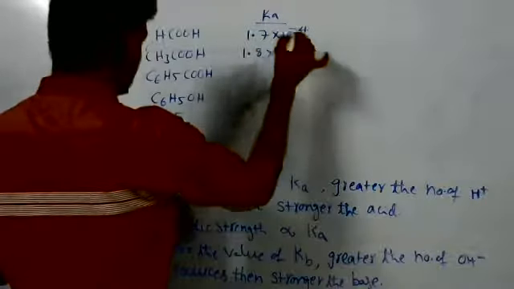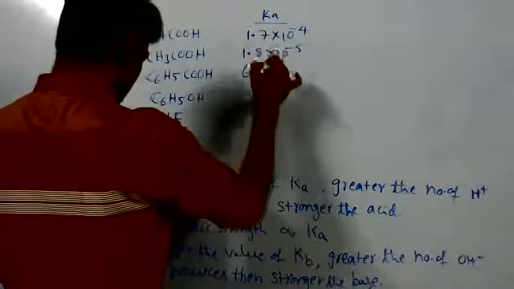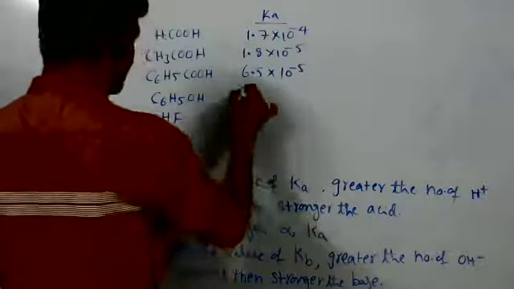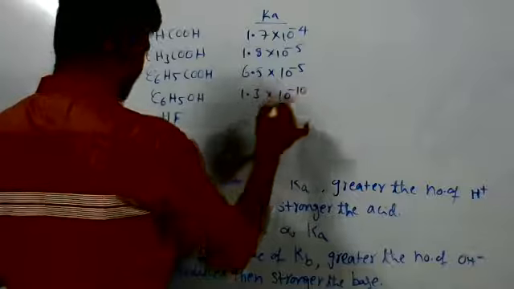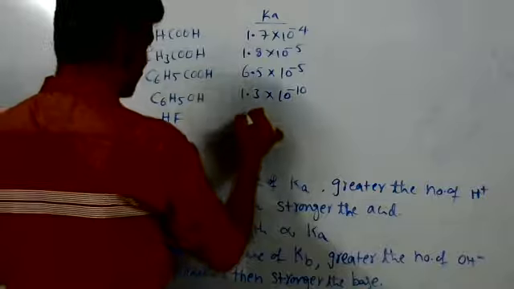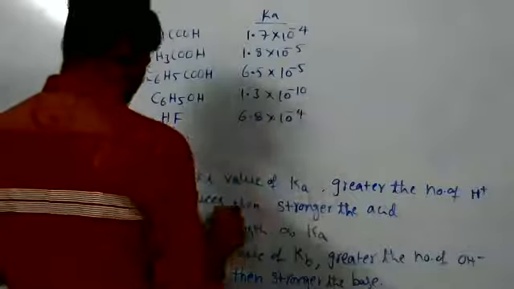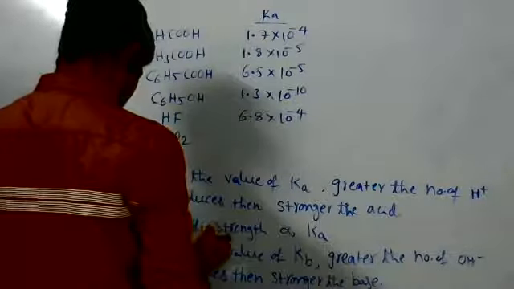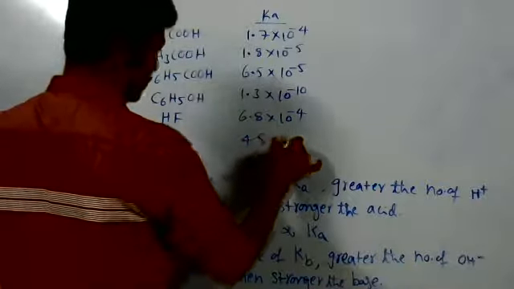Acetic acid 1.8 × 10 power minus 5. Benzoic acid 6.5 × 10 power minus 5. Phenol 1.3 × 10 power minus 10. HF 6.8 × 10 power minus 4. HNO2 4.5 × 10 power minus 4.